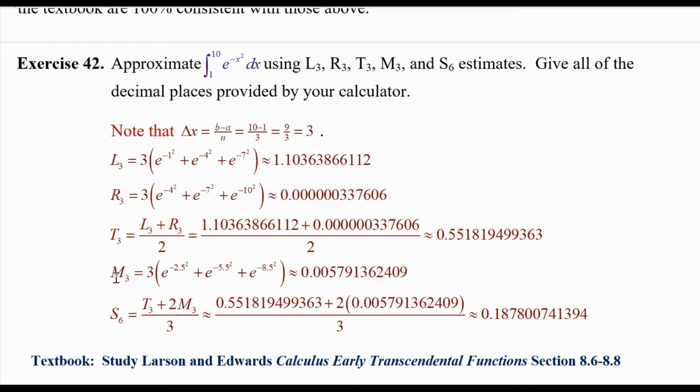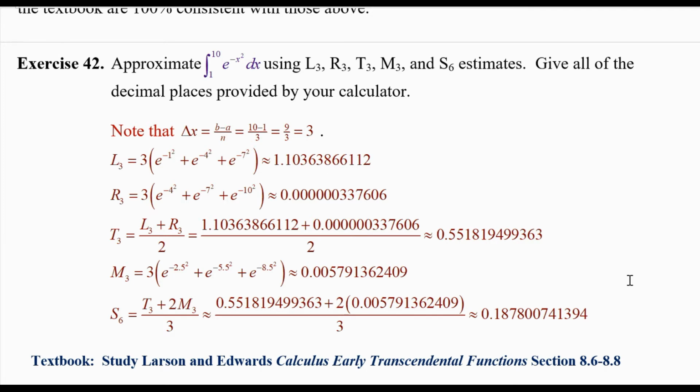The midpoint rule is, well, we want to go halfway in the middle. So halfway between 1 and 4 is, well, add 1 plus 4 divided by 2, that's 5 halves, or 2.5. Halfway between 4 and 7 would be 11 halves, or 5.5.